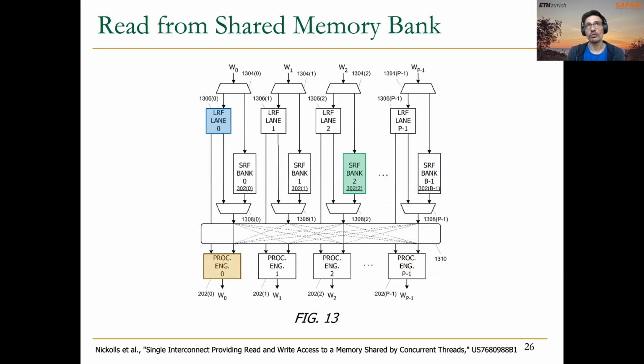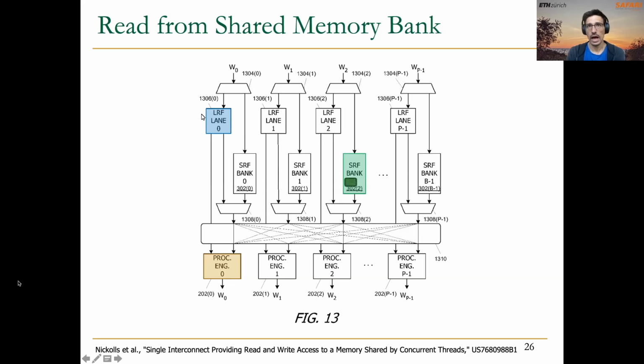So if we want to perform a read operation from shared memory, and for now we only focus on how to access shared memory, imagine that this processing engine 0 wants to read one element that is in this shared memory bank 2 and wants to move the value to its own register that is in this LRF lane.